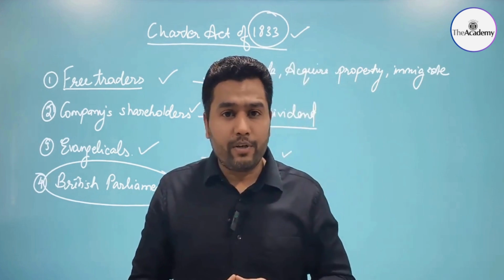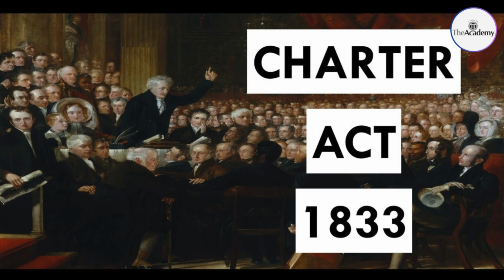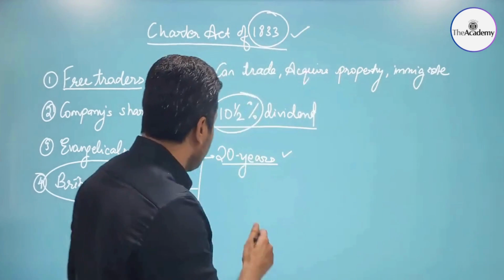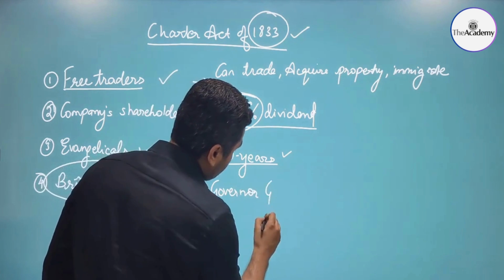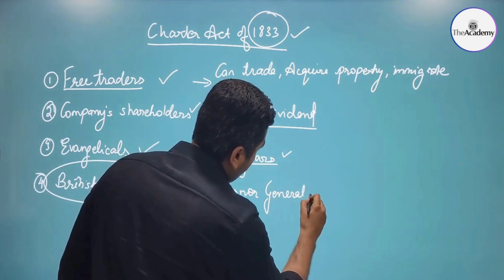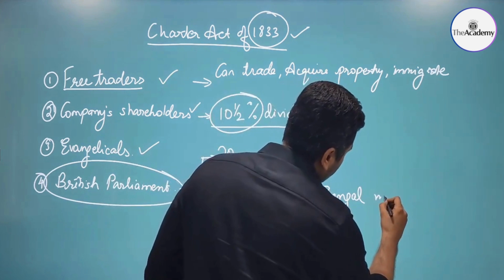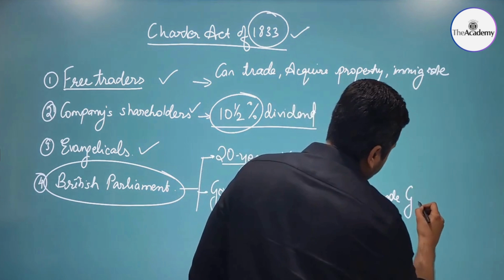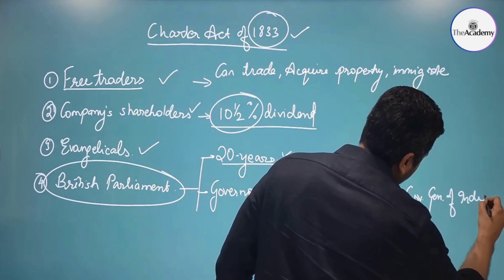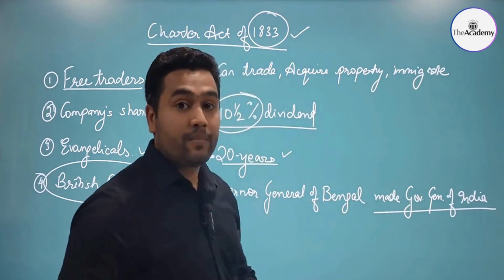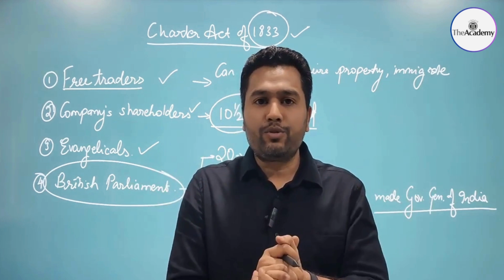The major component of the Charter Act of 1833 was the internal administration of the company in India. The Governor-General of Bengal was made Governor-General of India. That is, now there would be a separate government of India. Previously, what used to happen?